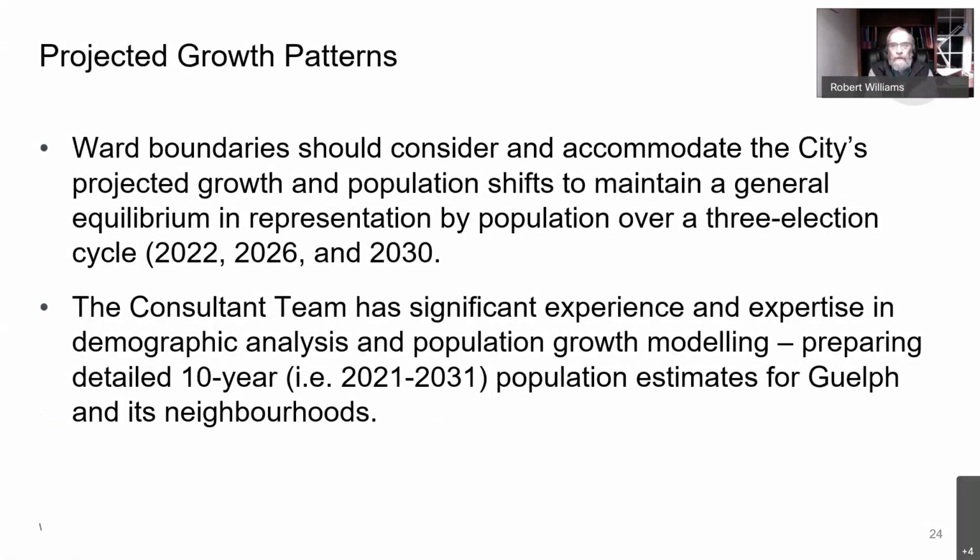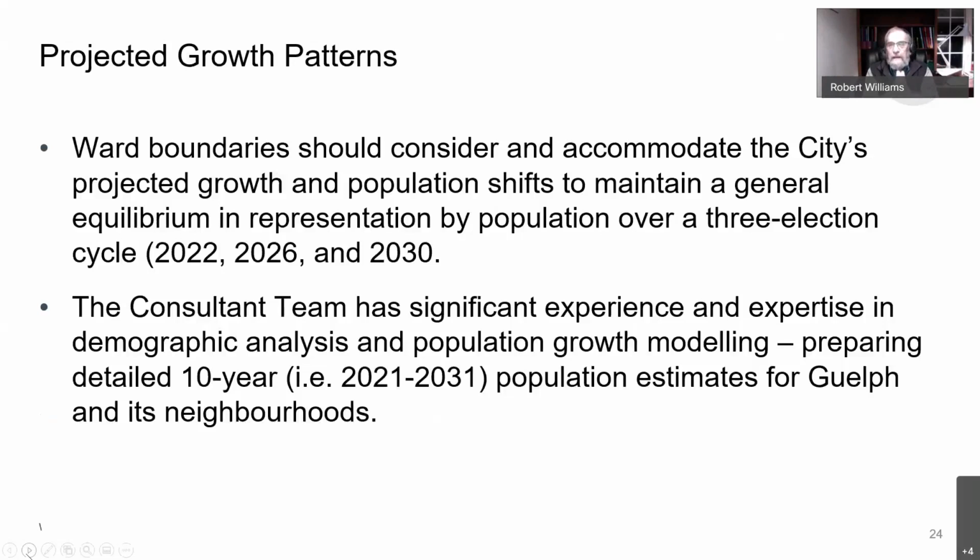If the goal of the first one is to get some kind of general equilibrium, this principle is telling us to make sure that that is reasonably well achieved over the next three elections. In other words, we don't revise the boundaries after every election. We provide a bit of flexibility, partly in the short term, but partly in the longer term. And the goal was to set this out to cover the next three scheduled municipal elections in 2022, 2026, and 2030.